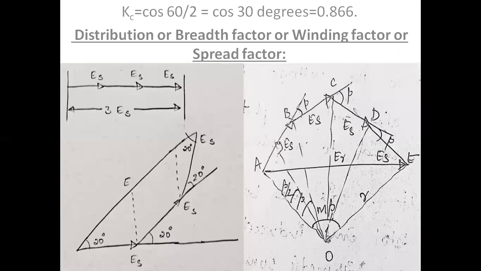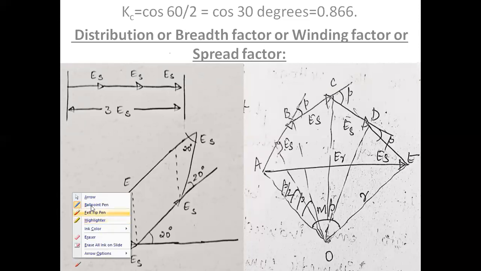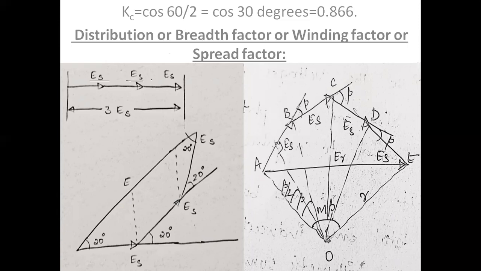See the diagram here. Let Es be the induced EMF in each side of the coil. If the coil is full pitched, that is, if the two sides are one pole pitch apart, 180 degrees apart, the total induced EMF in the coil will be 2Es. Right?